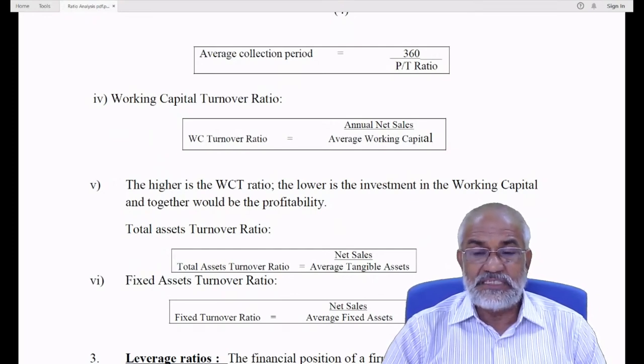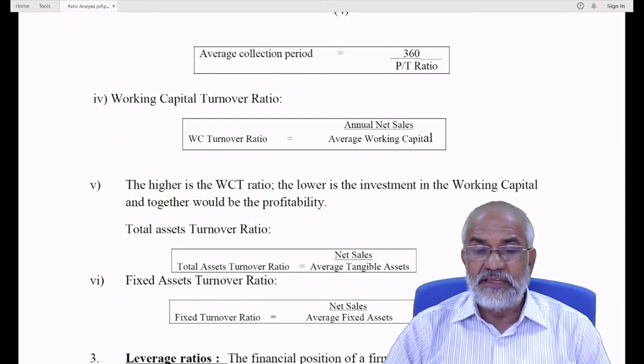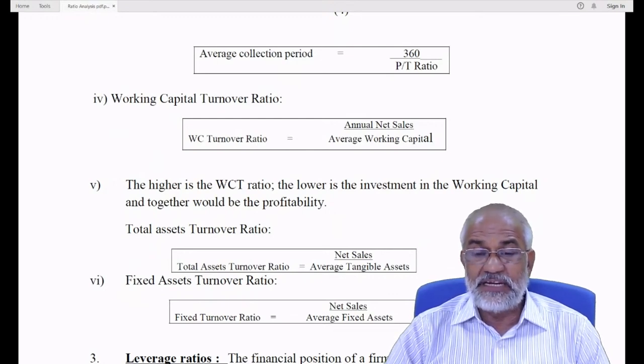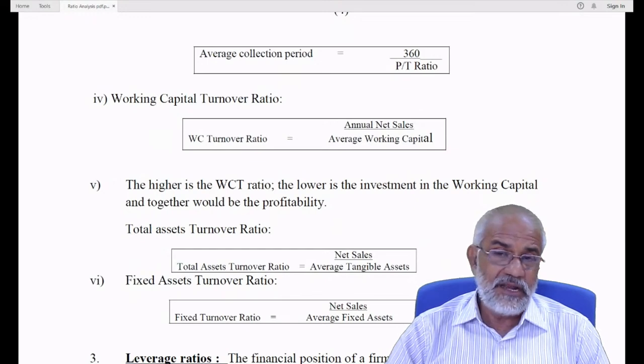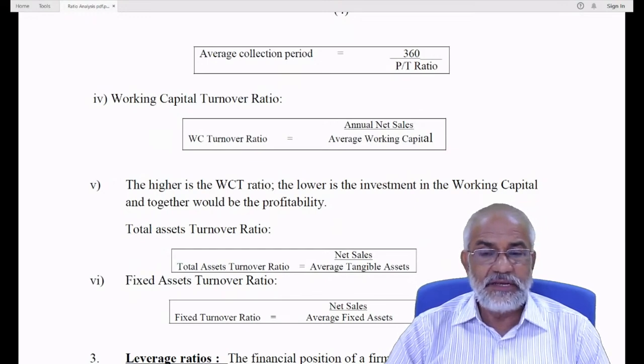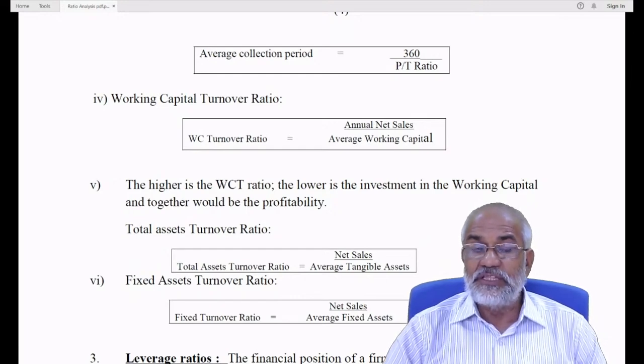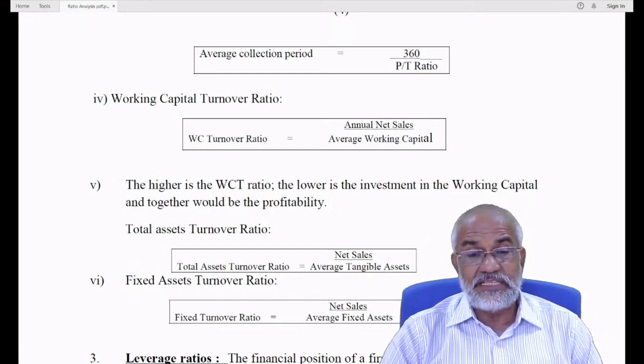Only the tangible assets have to be considered, and the net sales has to be divided by the average tangible assets. Average tangible assets means the tangible assets at the beginning of the year plus the tangible assets at the end of the year, the whole divided by two. When the net sales is divided by the average tangible assets, that would be the total asset turnover ratio.